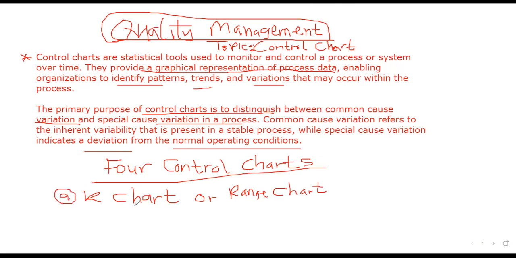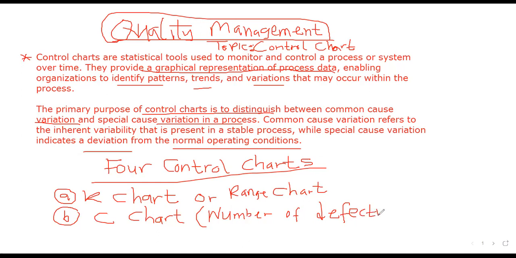Then the other one is the C chart. This one is also called the number of defective chart.